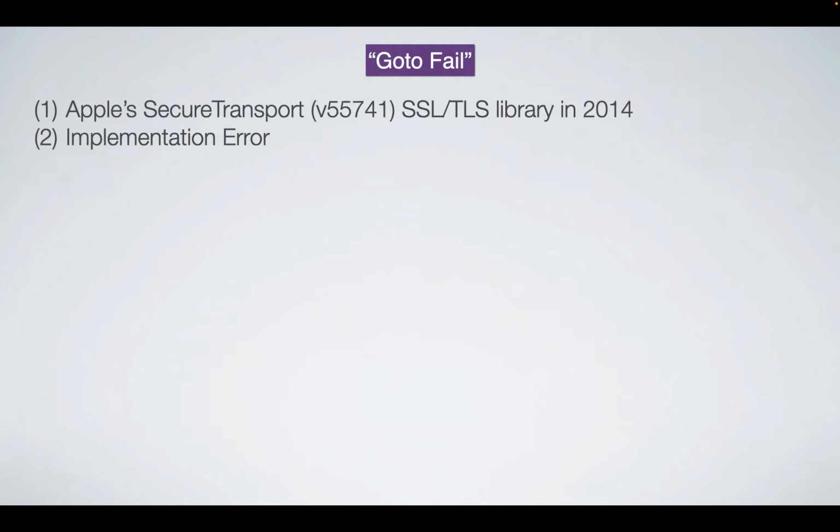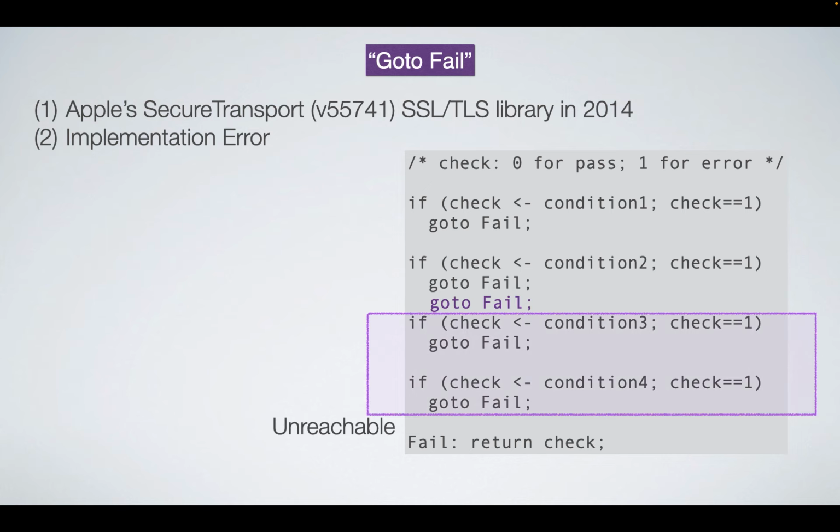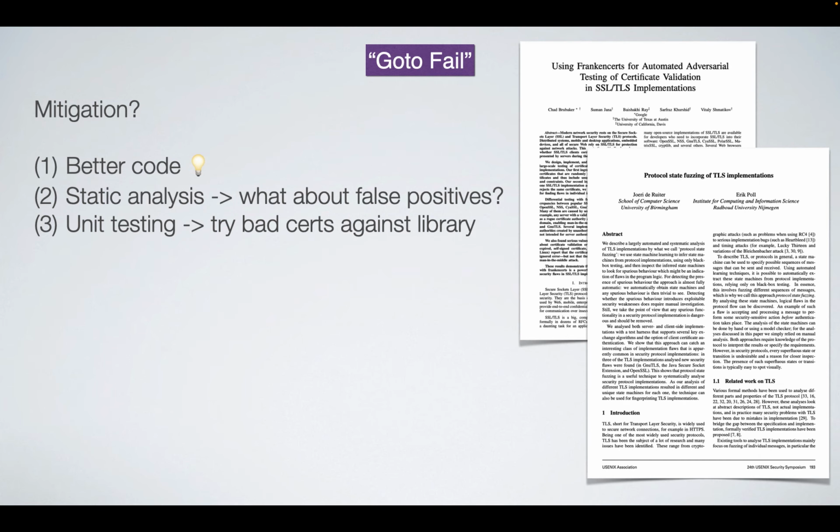So a bunch of these things we talked about last class, so I'll skip over them, but you have them in slide form as well. So we talked about this go-to-fail error, which led to some unreachable code, and that code was what was doing the actual certificate steps, some of the checks. And so one thing you could do is use it to mismatch the domain. The solution for developers is you can write better code.